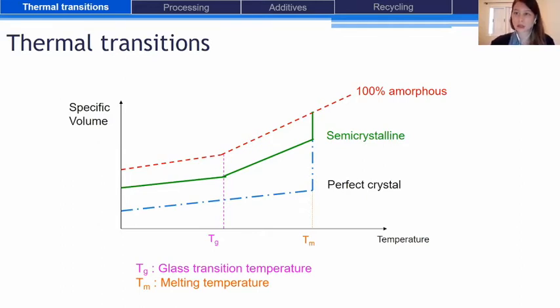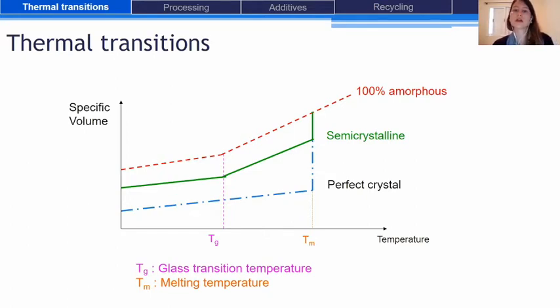We can observe a continuous increase of the specific volume with the temperature at the Tg, like it was the case in the 100% amorphous polymer. And we observe a sudden increase of the specific volume at the melting temperature due to the melting of the crystals, as we explained with the case of the perfect crystal.